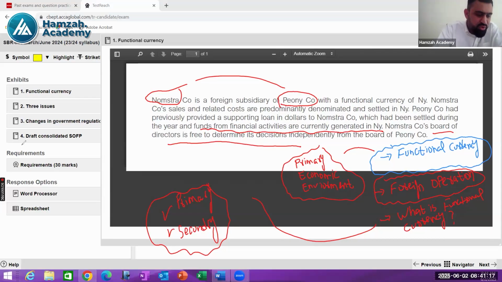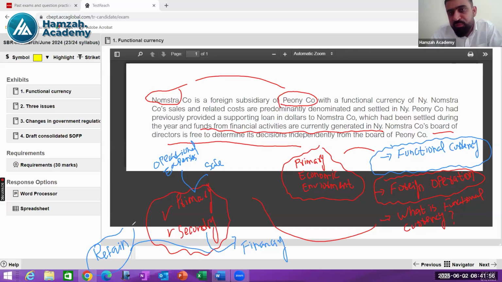In primary factors, we have the currency of sale and the currency of operational expenses. In secondary factors, we have the currency in which they generate their financing and the currency in which they retain their earnings. These factors will be applied.